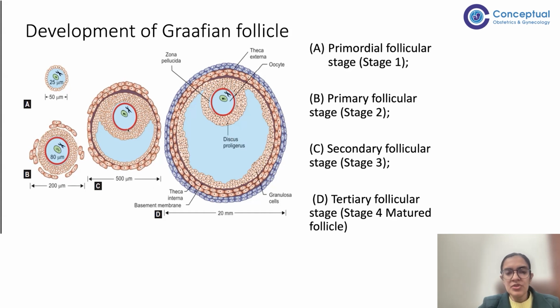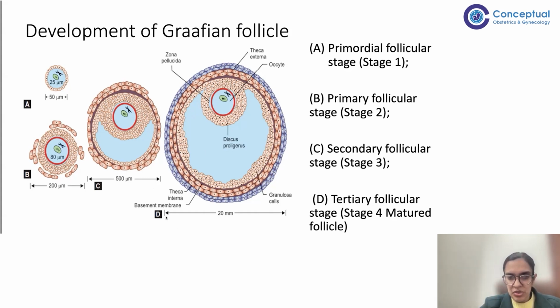Then the tertiary, the mature follicle, as it keeps growing, gets more and more granulosa cells. The theca cells divide into two types of layers, the theca interna and theca externa. It becomes more vascular, gets more receptors. Then the oocyte gets surrounded by its cumulus oophorus, and the cavity starts enlarging. And this is the enlargement that we see on the ultrasound.